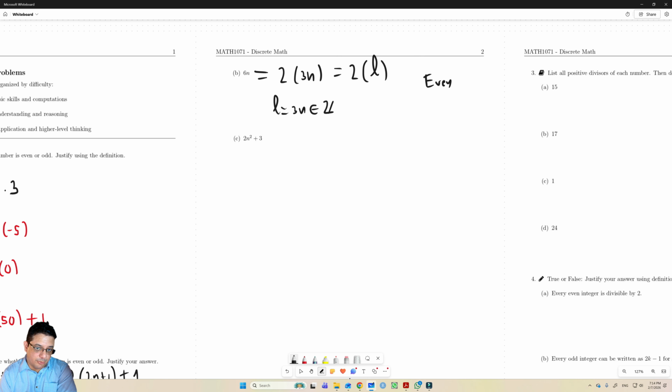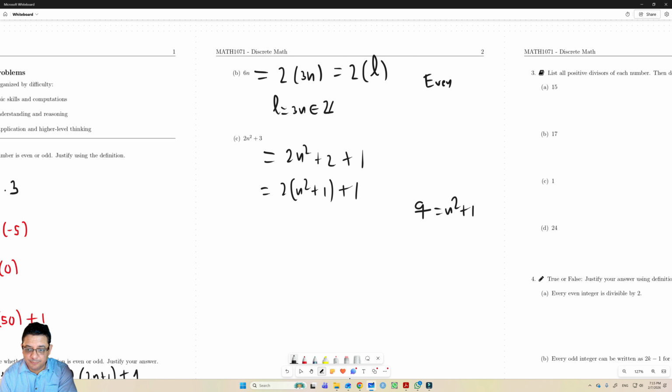2n squared plus 3. Once again, I can separate this as 2n squared plus 2 plus 1. And now I can factor the 2, and I can see this as 2 times (n squared plus 1) plus 1. Let's say that this is q, n squared plus 1.